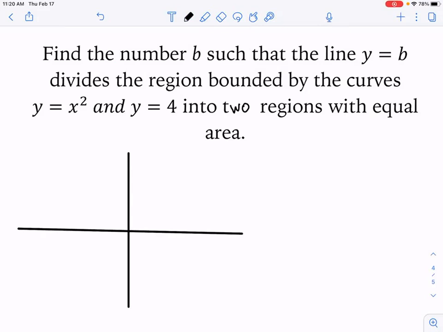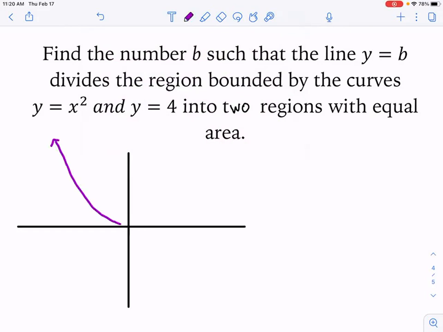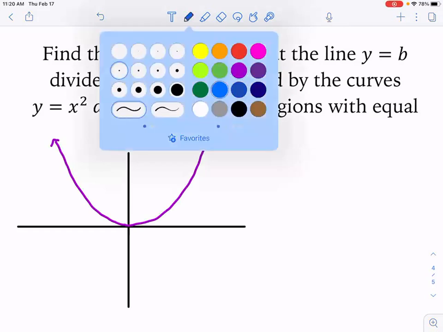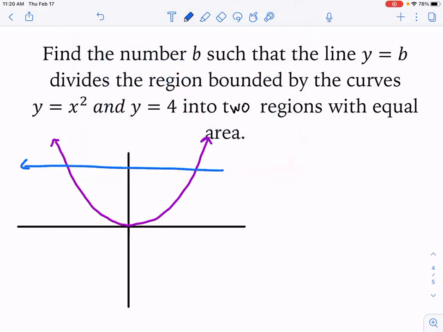All right, so we have y equals x squared and y equals 4.